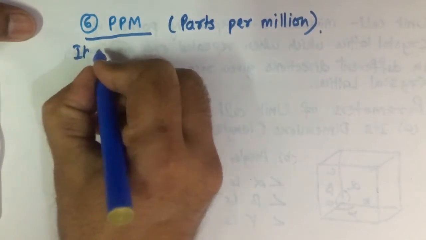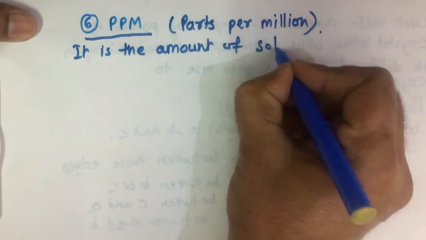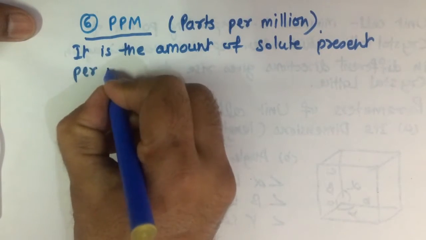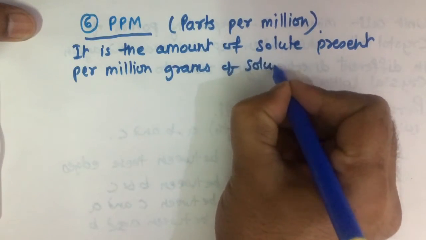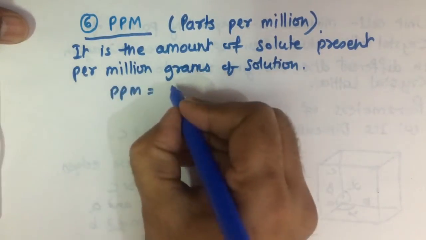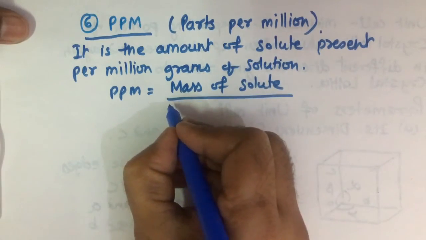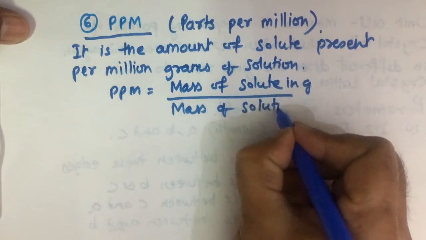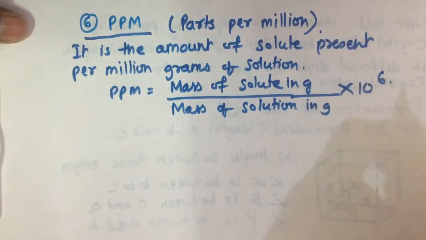It is the amount of solute present per million grams of solution. ppm is the mass of solute in grams upon mass of solution in grams multiplied by million, that is 10 to the power 6.